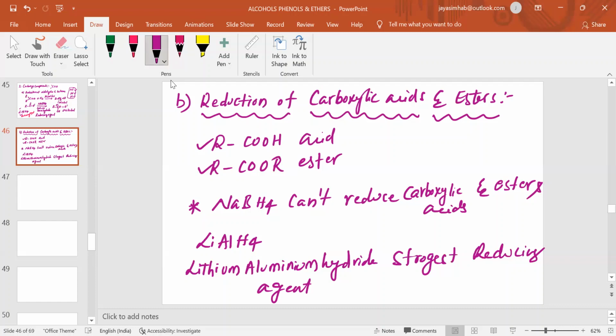So it can easily reduce carboxylic acid or ester when compared to sodium borohydride. So this is the important point you have to note. The reducing ability of lithium aluminum hydride is more than sodium borohydride, because this can be used for reducing aldehydes, ketones, carboxylic acids, or esters also. But it is expensive. That is one more important thing you have to note.